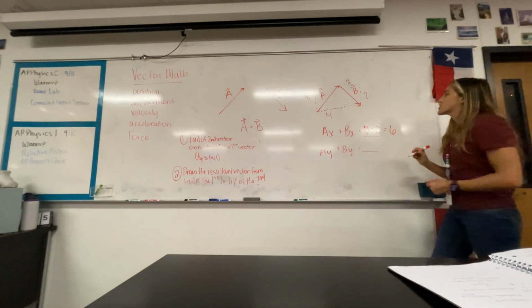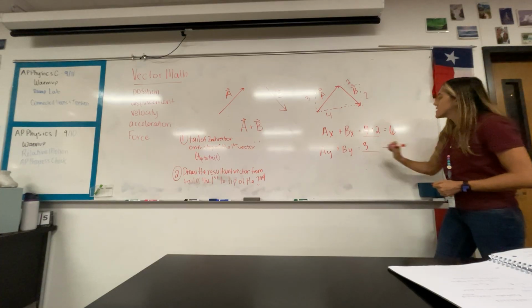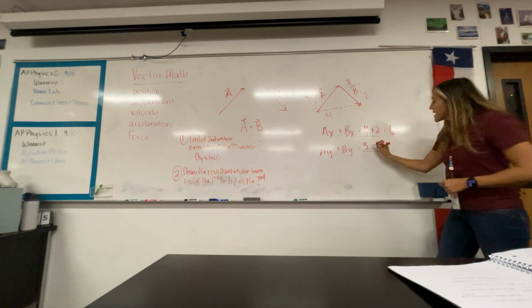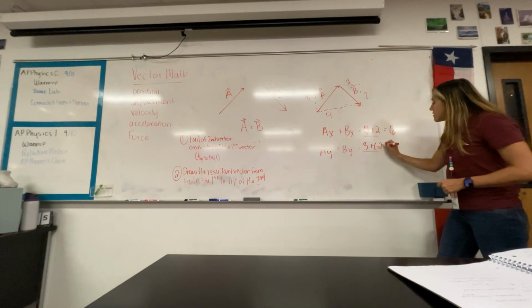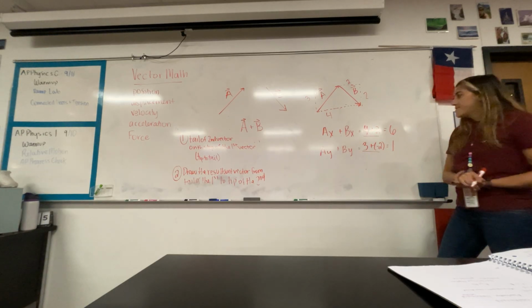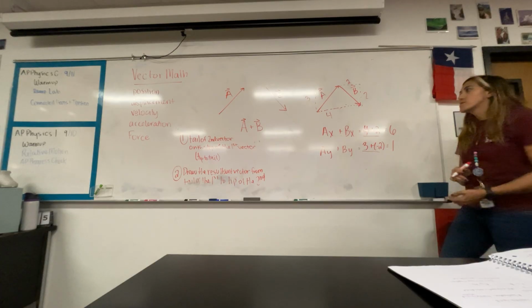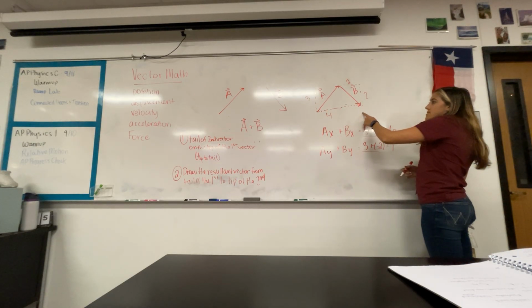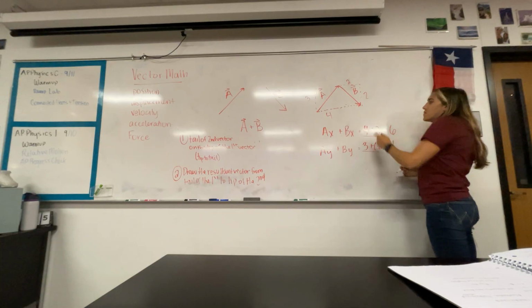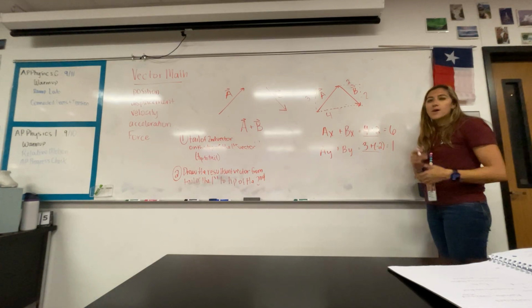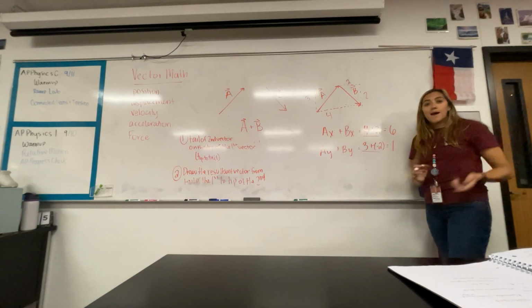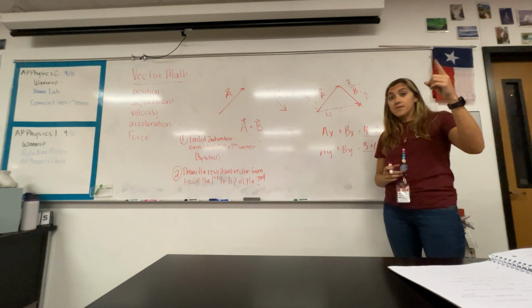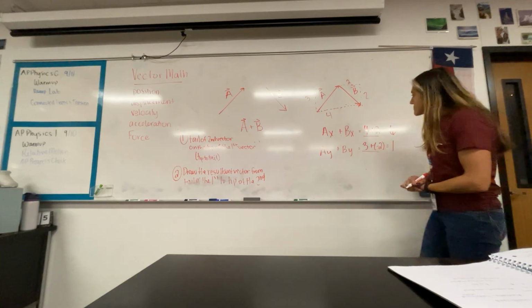In the Y direction, A is 3. B went down, so it's a -2. So I get 1. So my resultant vector goes in the horizontal direction 6 and goes up 1. So I could add that together. Using that math we just saw, I could put that into a magnitude and direction using Pythagorean theorem and trig.